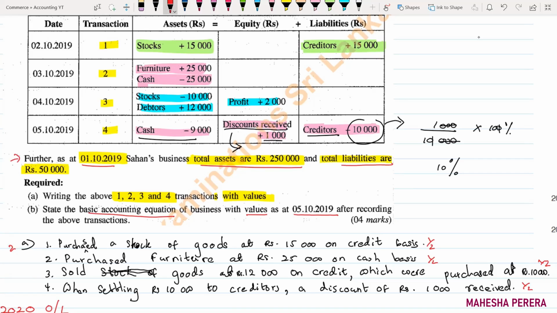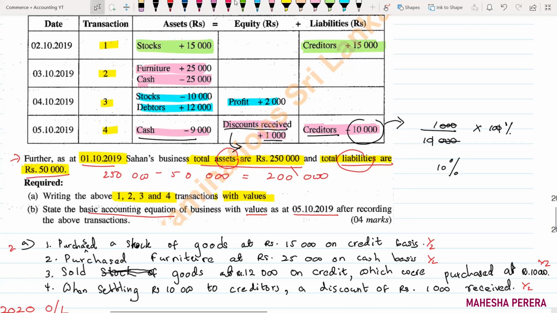You have the asset opening balance as well as the liabilities opening balance. Now when you're given the assets and liabilities, what can you find? You can easily find equity balance, equity opening balance. So you need to find the difference between these two values. 250,000 minus 50,000 means the equity value. And it is exactly 200,000 rupees, right?